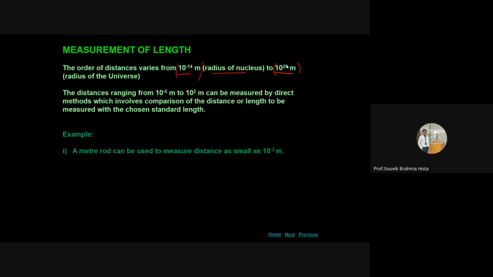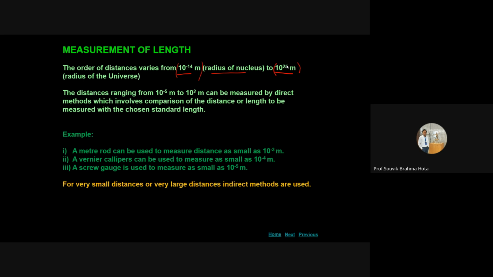See, a meter rod or meter scale can be used to measure distance as small as 10 to the power minus 3 meter. A vernier caliper can be used to measure as small as 10 to the power minus 4 meter. Screw gauge is used to measure as small as 10 to the power minus 5 meter. So for very small or very large distance, indirect methods are used.